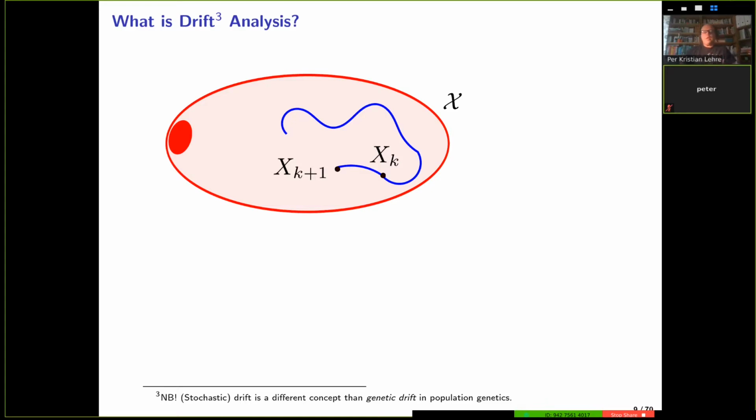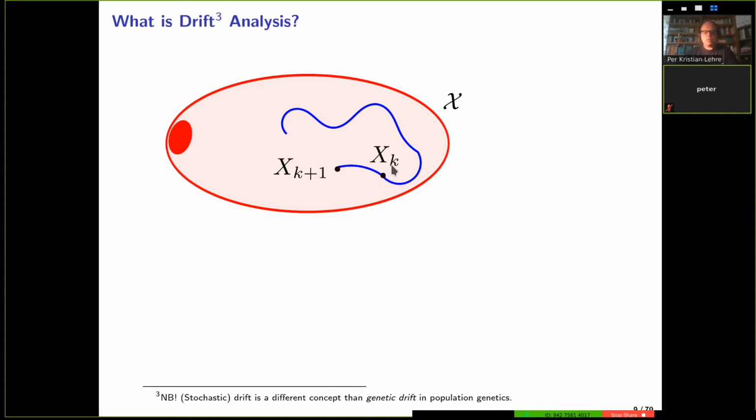Imagine that you have some EA, and you can think of the state of the EA as some point in some state space. In each generation the state of the EA changes. You do some mutation or crossover and selection and so on.